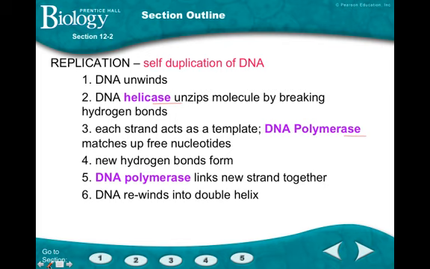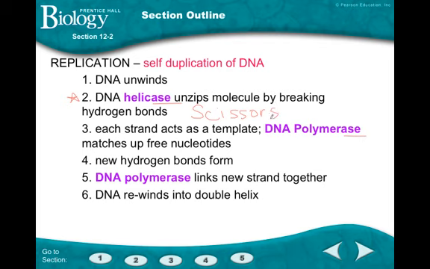Now, I was just going to say something about those helicases. Here's what I want you to think of. Number 2, this step right here, this helicase reminds me of scissors. So I'm going to write that down.